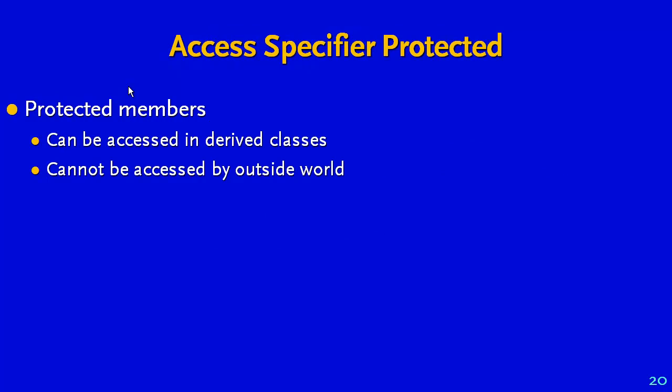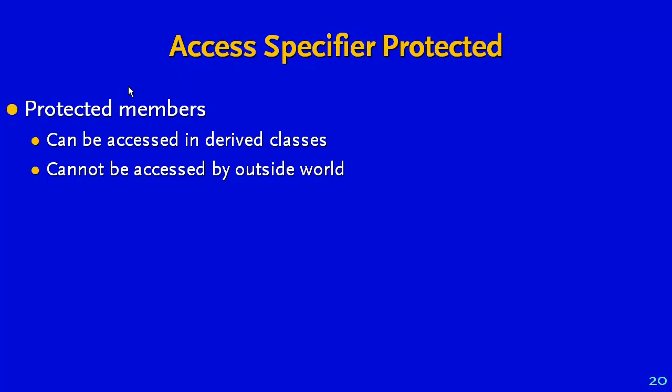An important one here: we talked about public and private. We've got an intermediate access specifier called protected. You know that derived classes, compared to just normal classes, have a special relationship with the parent, the base class. So the protected members allow the derived classes to access the members of the base class directly.